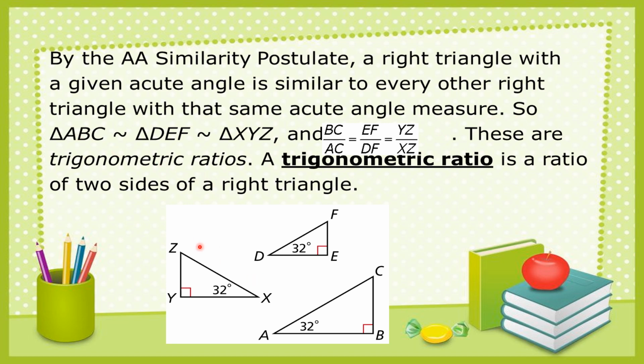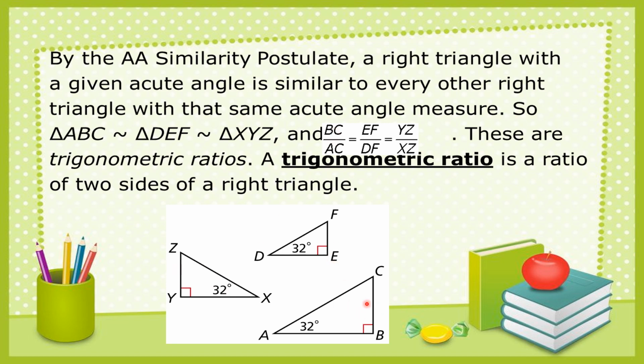So, for example, here are our three right triangles. Triangle ABC is similar to triangle DEF and also similar to triangle XYZ.